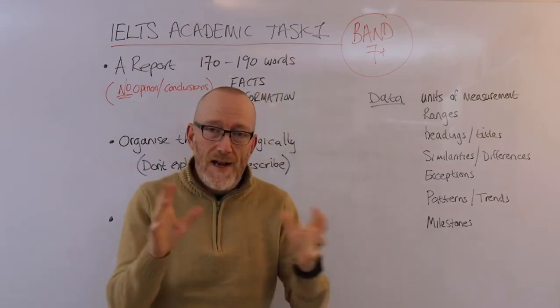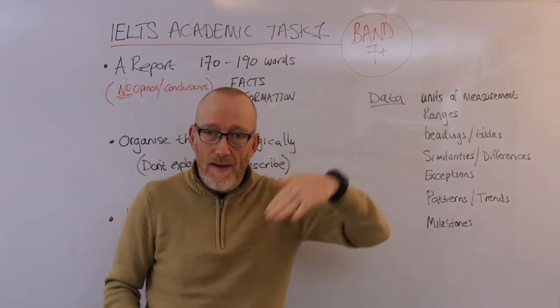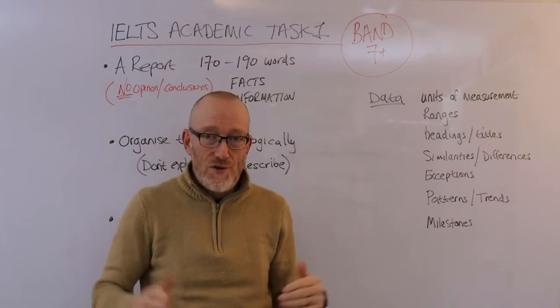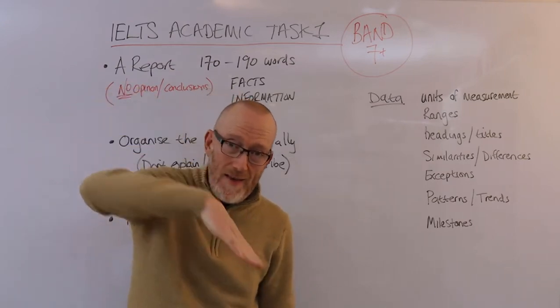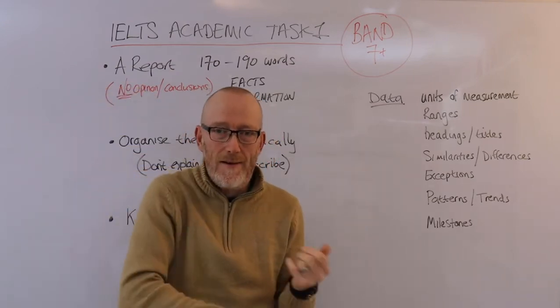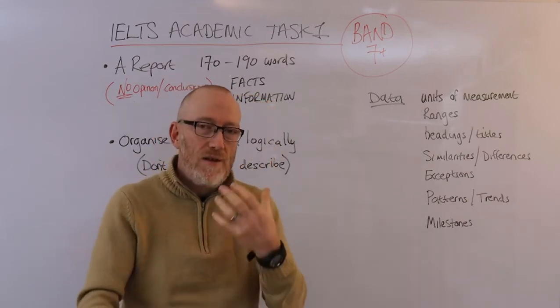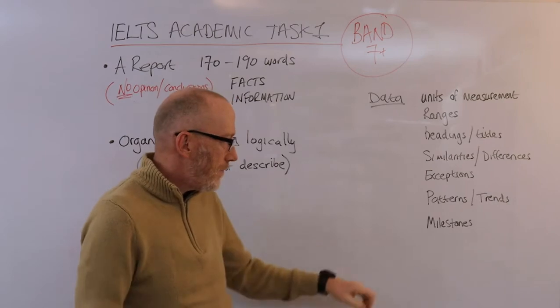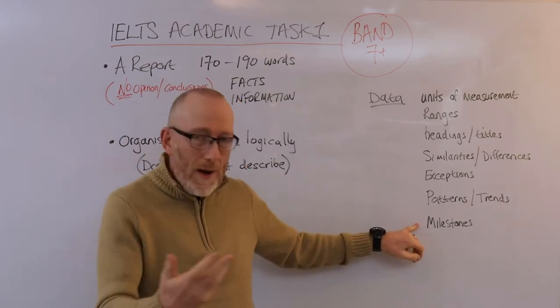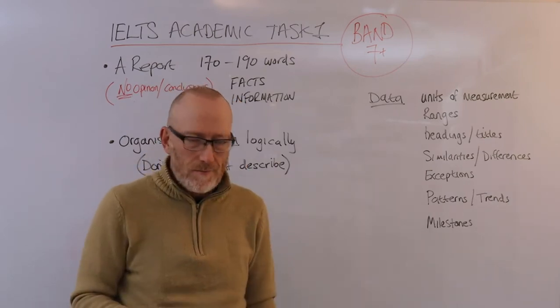Patterns and trends. If everything is doing this, then this is a trend. You have to be able to identify certain patterns and trends within the data. And what I call milestones.